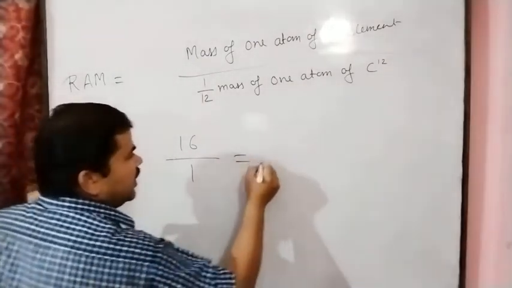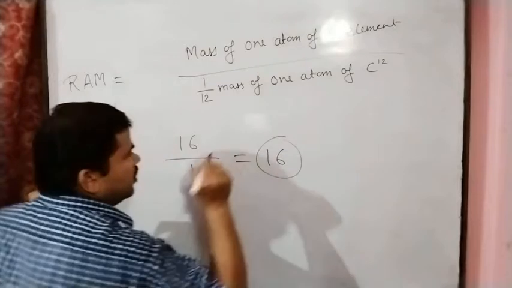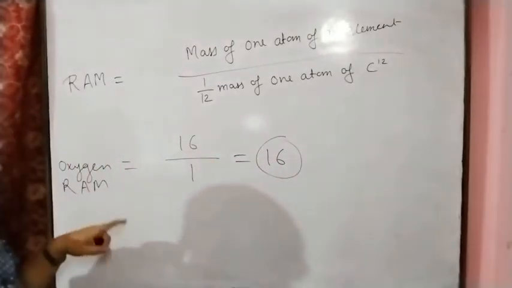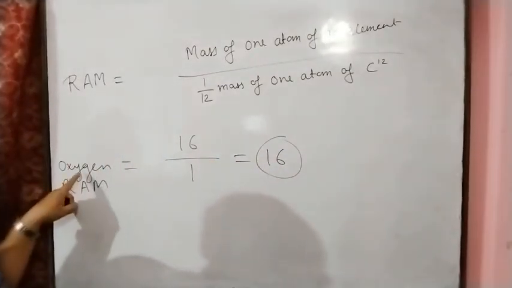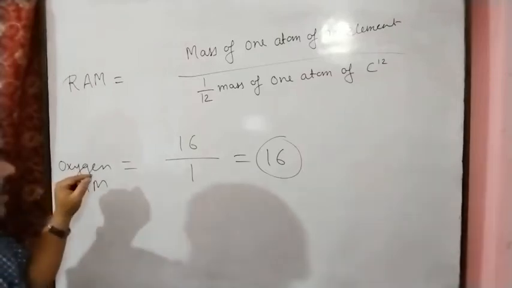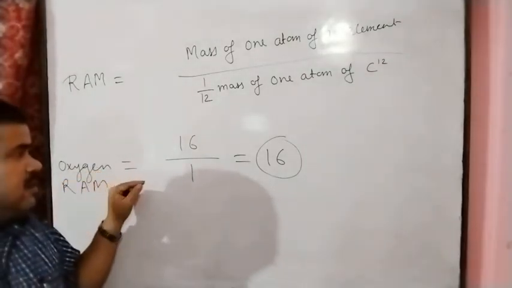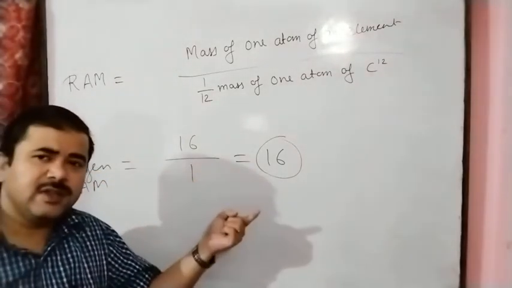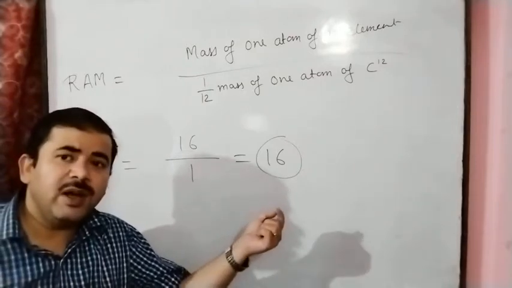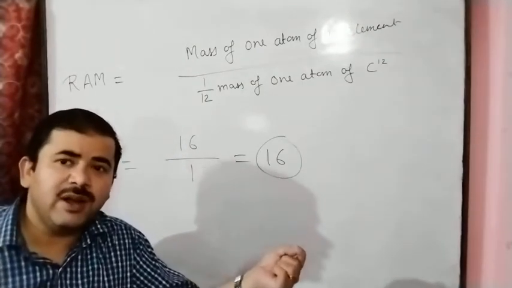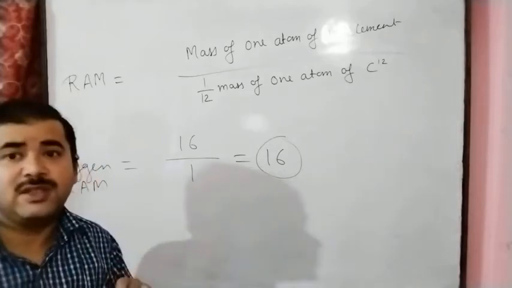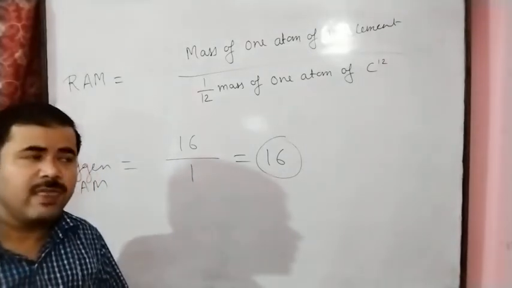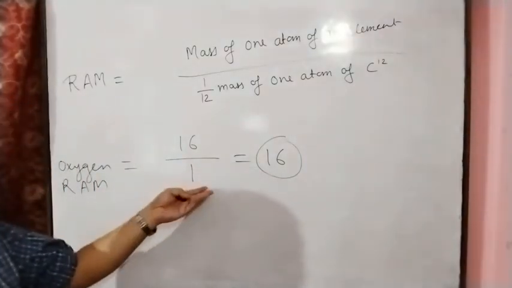So here we are getting 16. So we can say that one atom of oxygen is 16 times heavier than 1/12th the mass of one atom of carbon 12. By this we can easily understand.